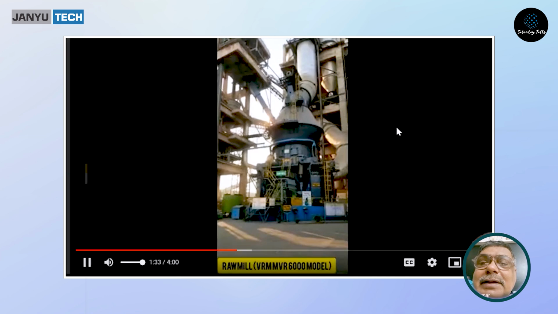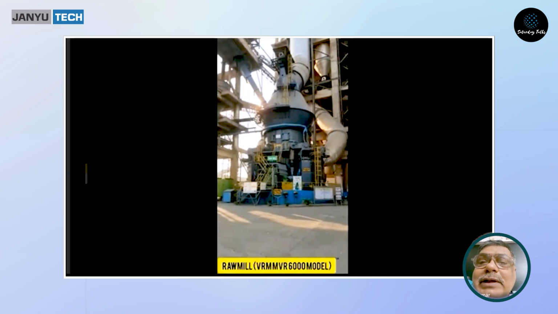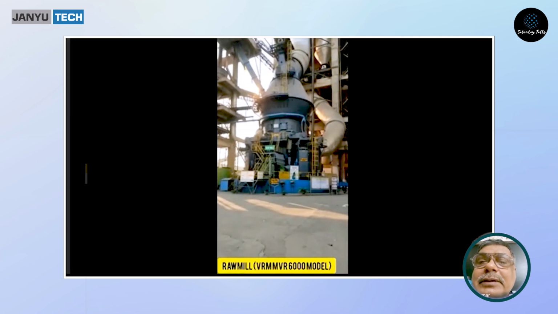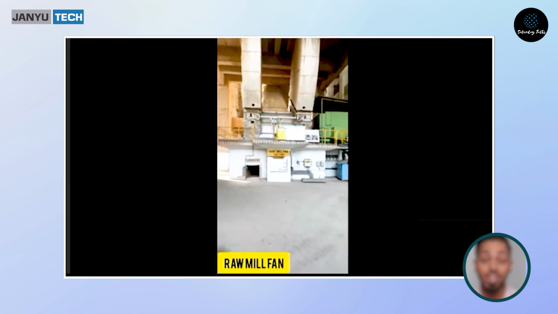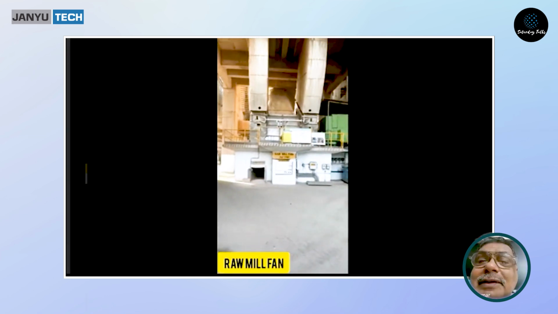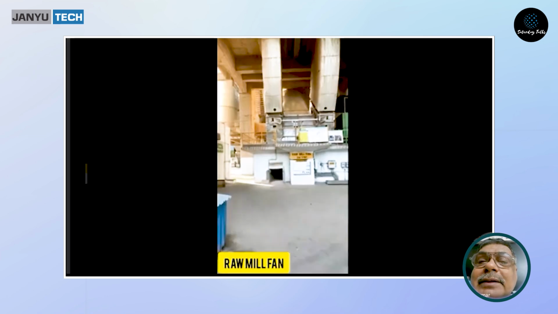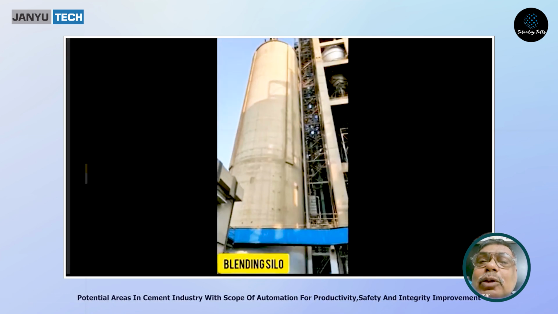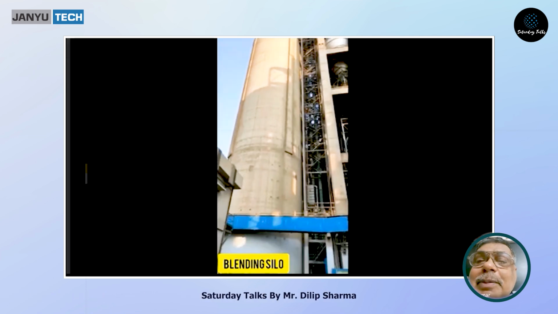This is basically the vertical roller mill where this limestone along with additives is ground to fine powder. And that powder is airlifted through fan and collected in raw mill silos. This is the raw mill silo. It's about 20,000 tons capacity silo.